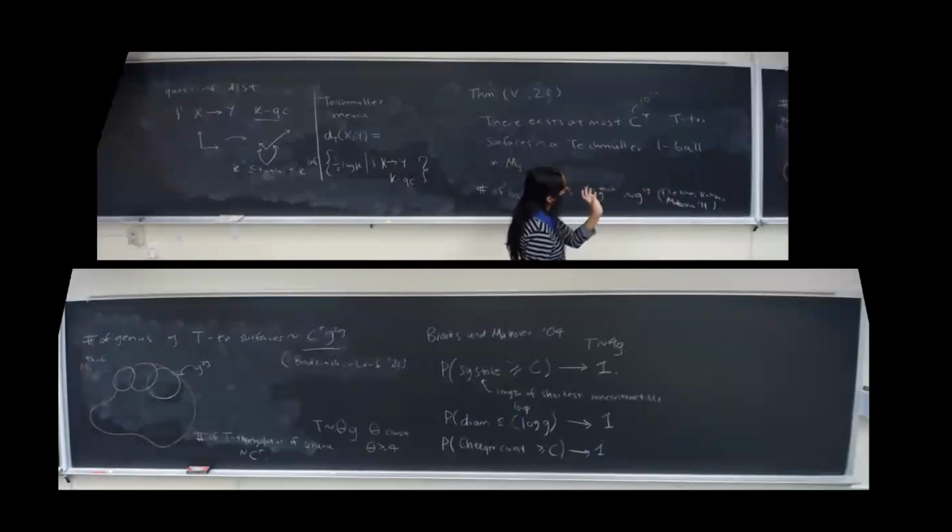If you look at a volume 1 ball in a high dimensional Euclidean space, then it has around C to the dimension number of lattice points. But that exponent changes as you vary the ball. It's very unstable. So that's kind of this bound, and maybe that's a reason you cannot expect another bound here.